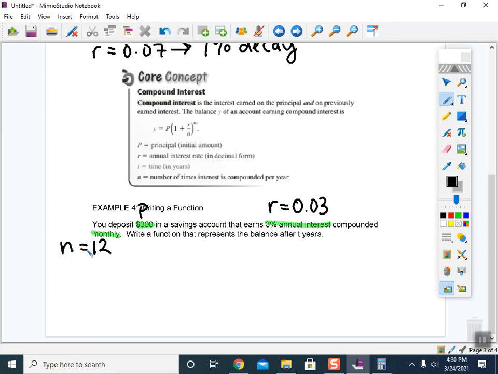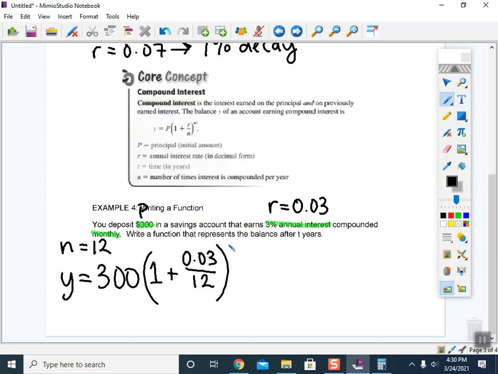Okay, this is where it gets pretty simple, right? All we're going to do is plug these numbers into our formula. So we have y equals P, my principal, which is 300, times 1 plus my rate of 0.03 divided by n, which is 12, all of this raised to the n times t. And that's it, right?